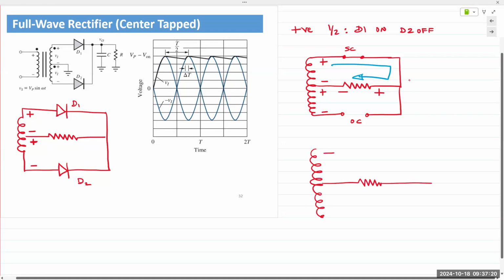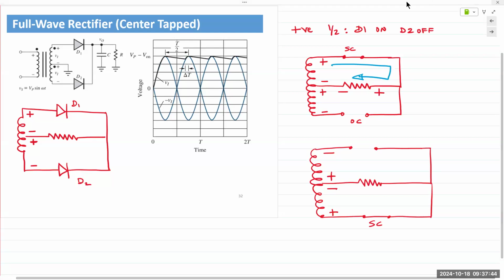You've got a minus at the top, plus at the bottom, minus, plus. And so if you have plus at the bottom, diode D2 is now on, replaced with a short circuit, and D1 is off.